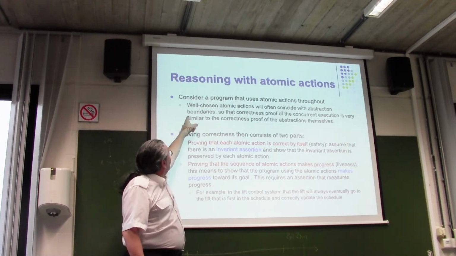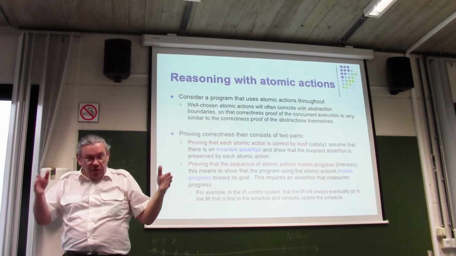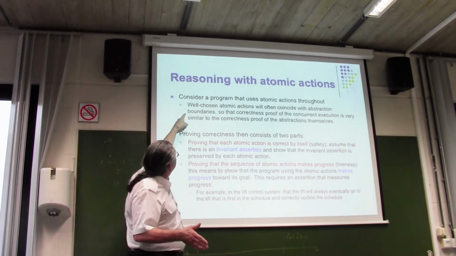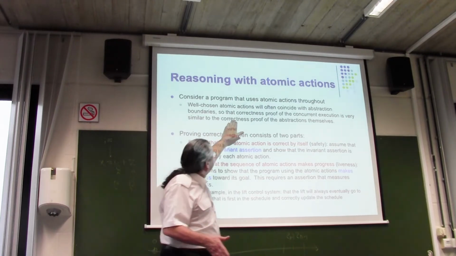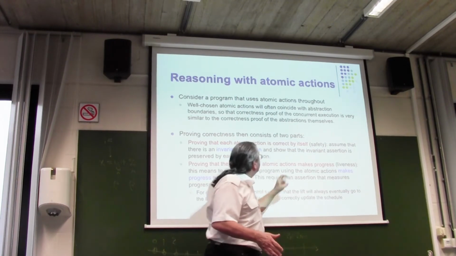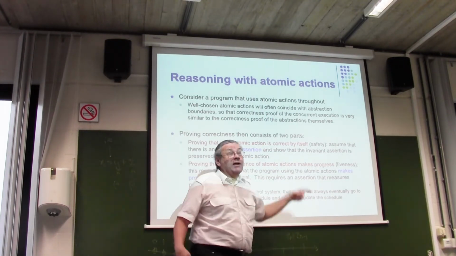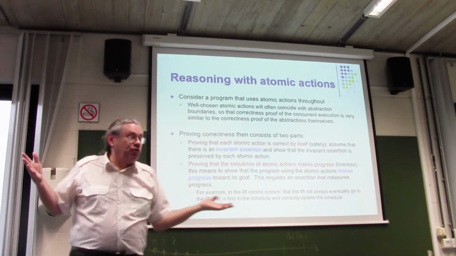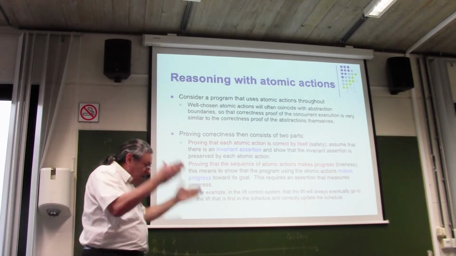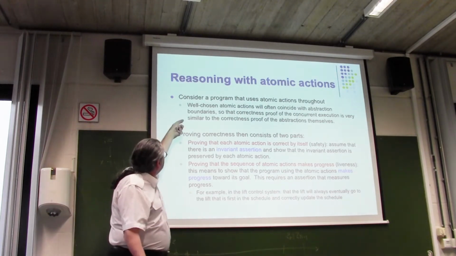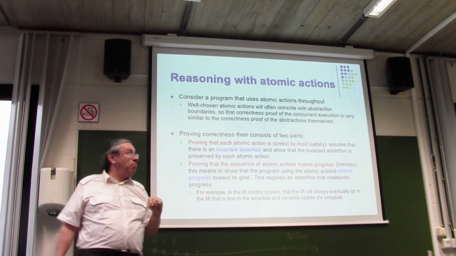That means when you do the abstraction, you're guaranteed that it's correct even if it's concurrent. Okay? The correctness proof of the concurrent execution is very similar to the correctness of the abstractions themselves. If your queue is correct, putting a lock around it will make it work in a concurrent setting. So this actually makes things fairly simple.